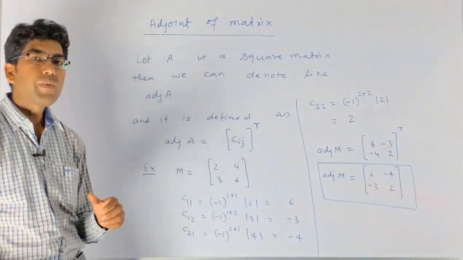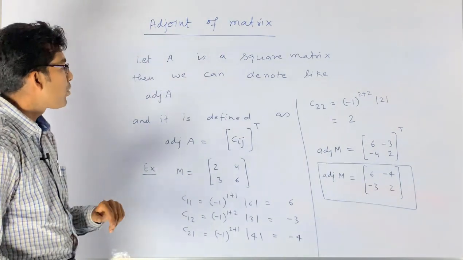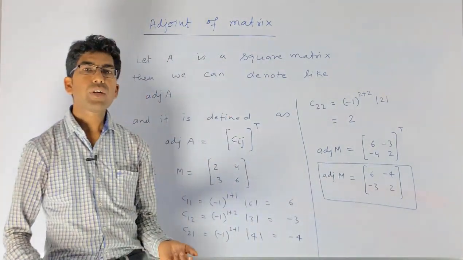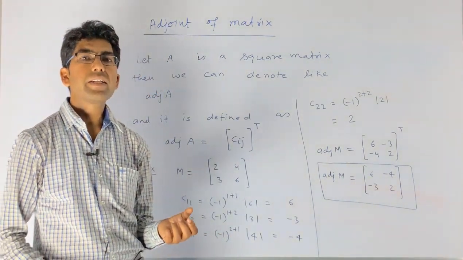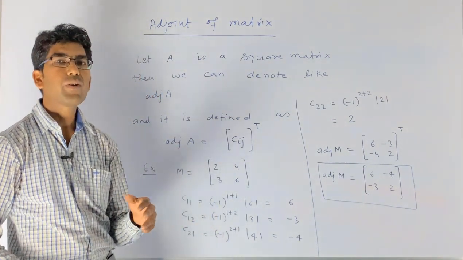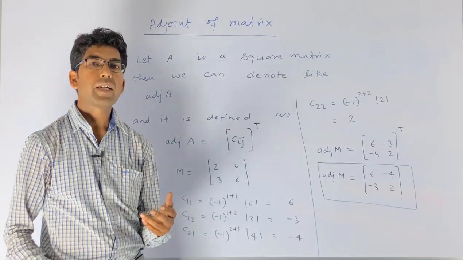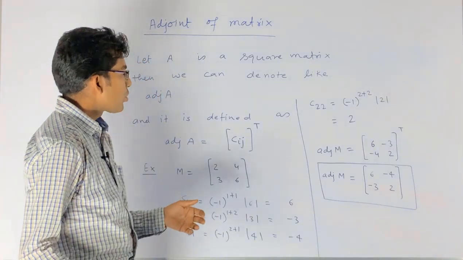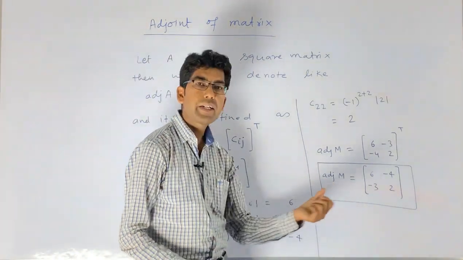If we want to define the inverse of a matrix, we have to know the adjoint of the matrix. Also, if we want to solve linear equations of multiple variables, like three variables x, y and z, then to solve them we need to calculate the adjoint of the matrix.